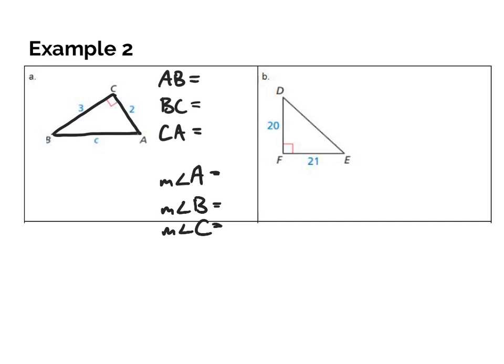Okay, so right away, I know side lengths. I know that based on my diagram that B to C, we already know that this is a length of 3. I know that C to A is a length of 2. So I do need to figure out what the length of A to B is. Now to find the length of A to B, we can go back to section 9.1 and we can think about using Pythagorean Theorem. Pythagorean Theorem is going to relate all three sides of a right triangle.